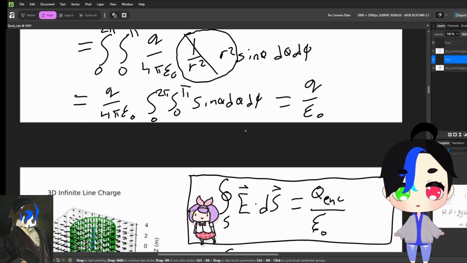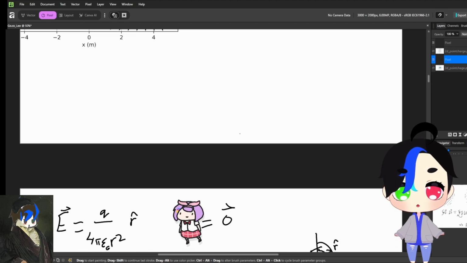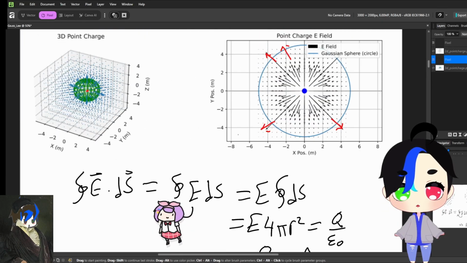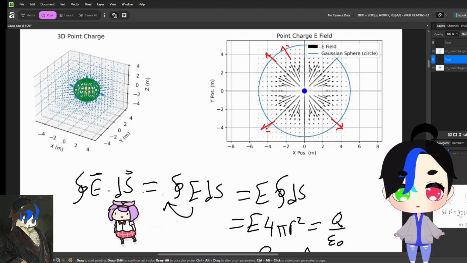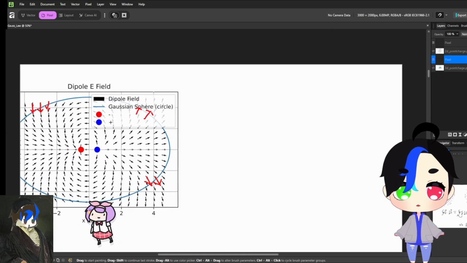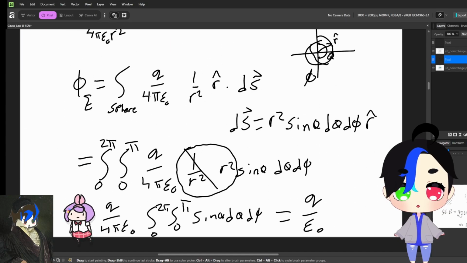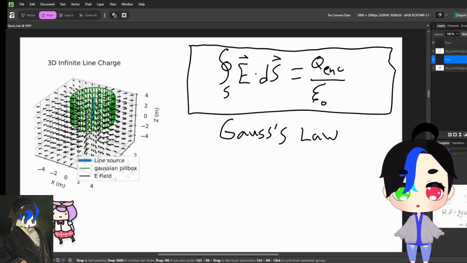And so the point charge example is kind of a circular argument, because I used the point charge field to motivate Gauss's law. So let's look at a different geometry right now. Let's look at a line charge.